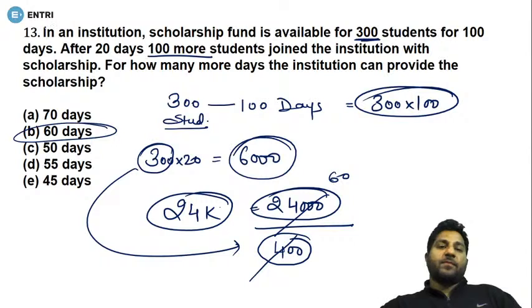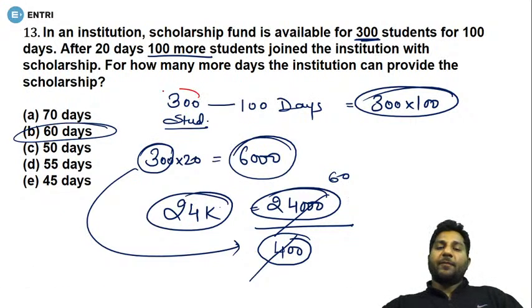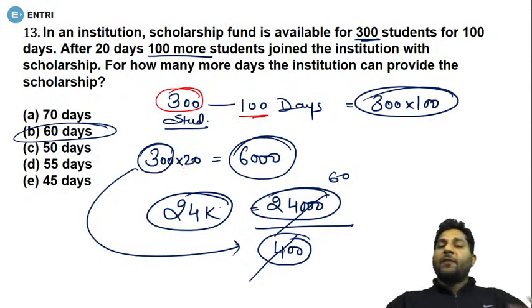Look at this. In an institution, scholarship fund is available for 300 students, and 100 days it will last. We don't know how much fund there will be, so the exact amount of fund we have not got. So we will find the total work.